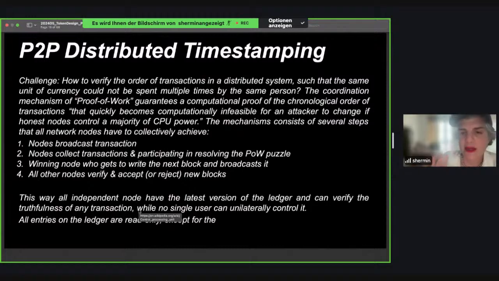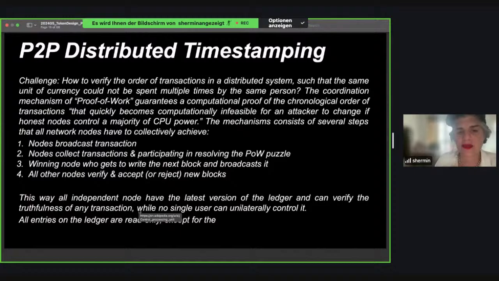So the way it works, and I'm sure that most of you know, is that if I send Bitcoins over the network to someone else, my light node or full node broadcasts the transaction to the network.